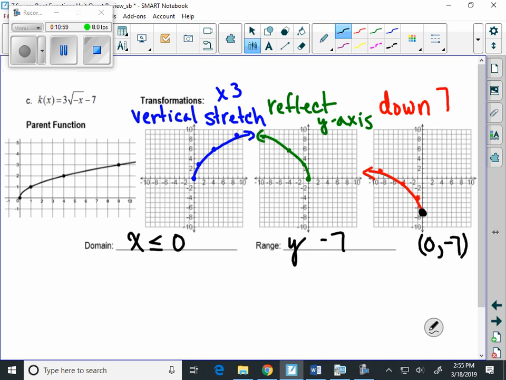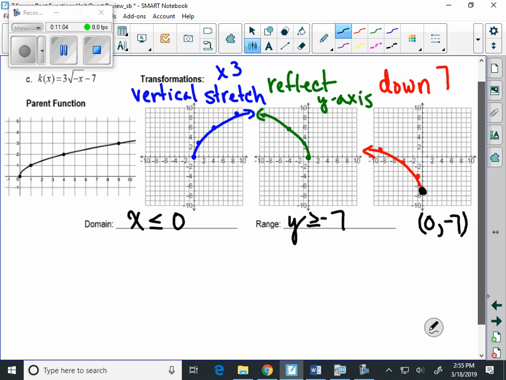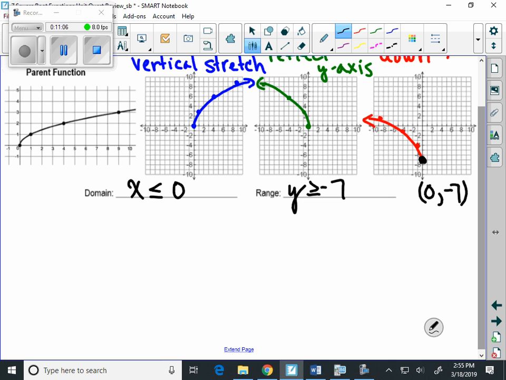Compared to that black point, we're going to be above, so it's going to be greater than or equal to. So again, you have to go in order. The smallest value is going to be negative infinity, and 0 is going to be the last point on the graph. -7 is going to be the first value on our graph, and then everything's going to be above that. Again, lowest to highest, left to right for the domain.